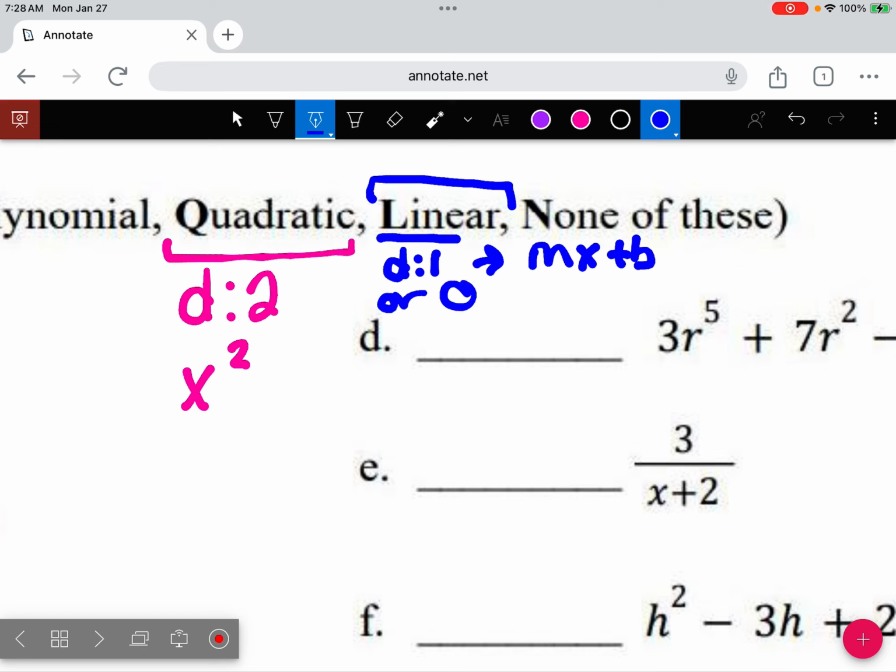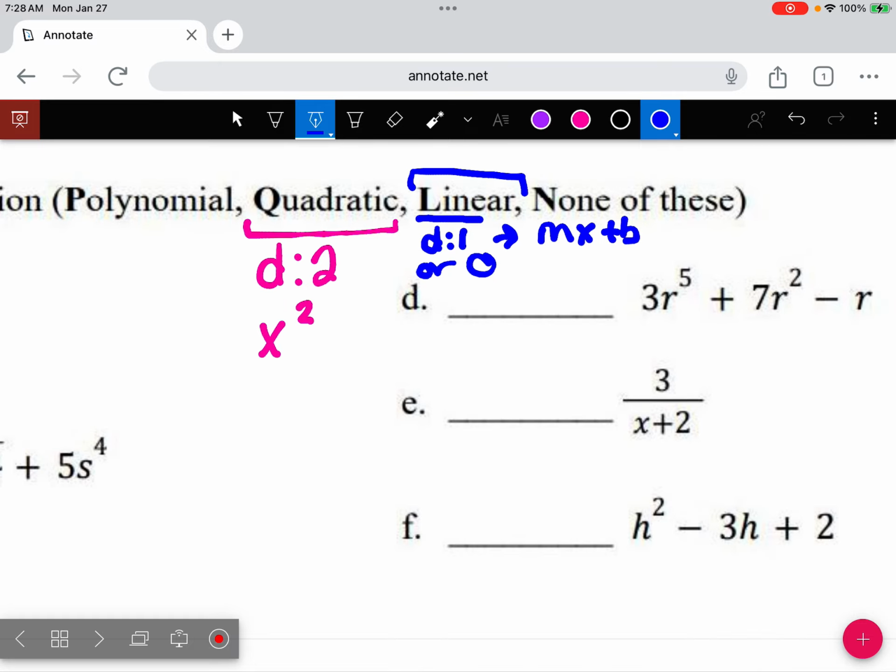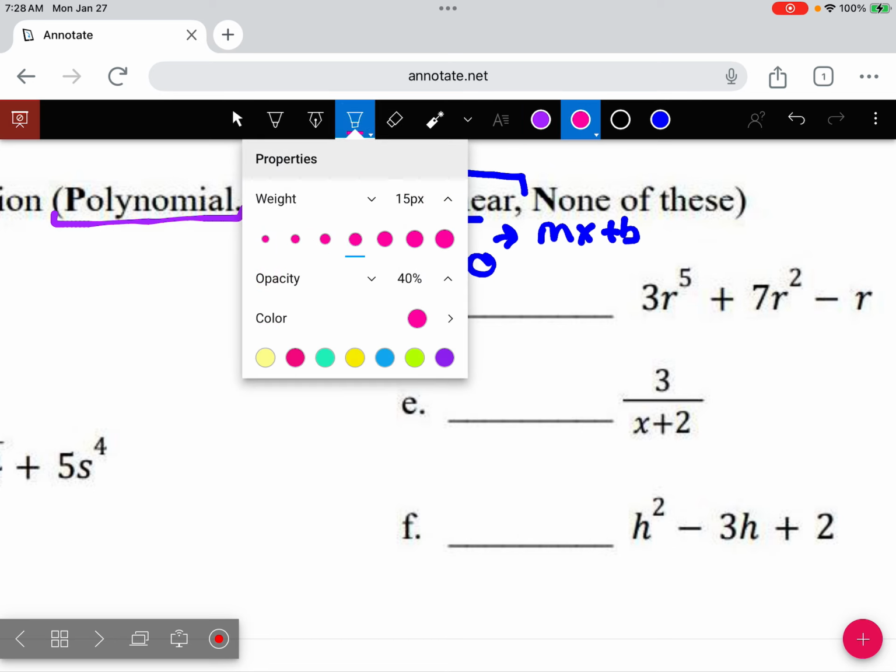So our degree would be 1 or 0. So let's take a look at these. Are there any that we spot off right away that are polynomials, quadratics, linear, or none?